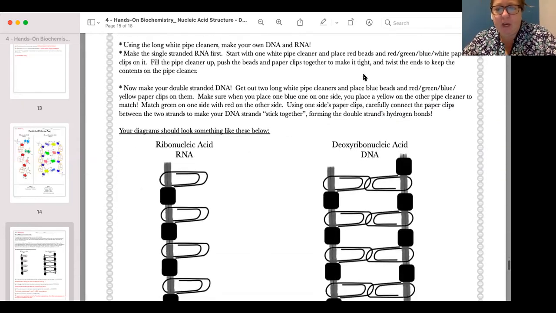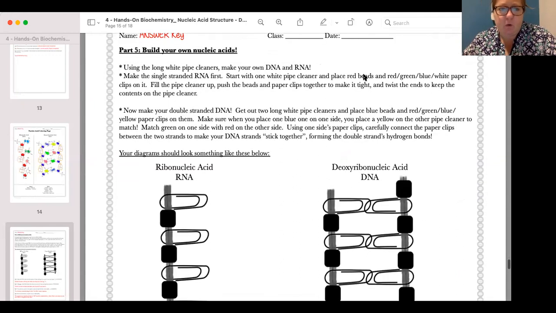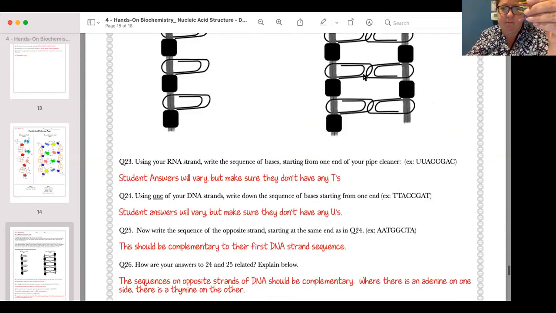So then we go into RNA. So when I make my RNA, here it is right here, I only have half of it. I still have my phosphate group, my sugars, and my nitrogenous bases, but it's not combined with the other half.